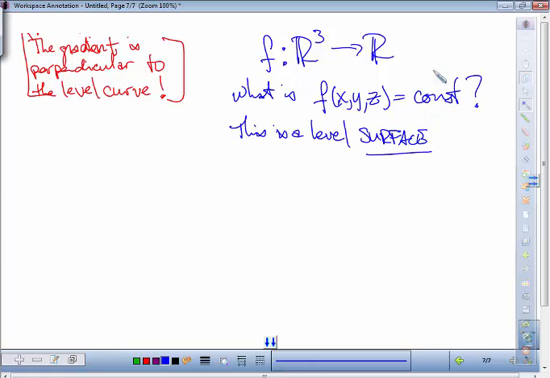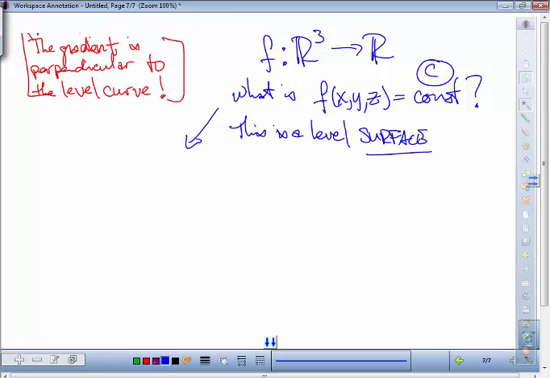So let's make this c constant, just so I don't have to write C-O-N-S-T. Just put c. So now, what does this say?